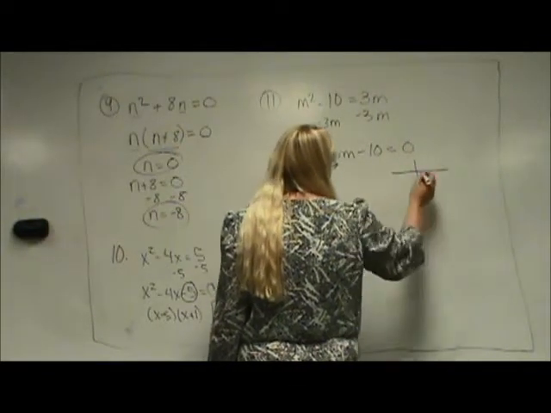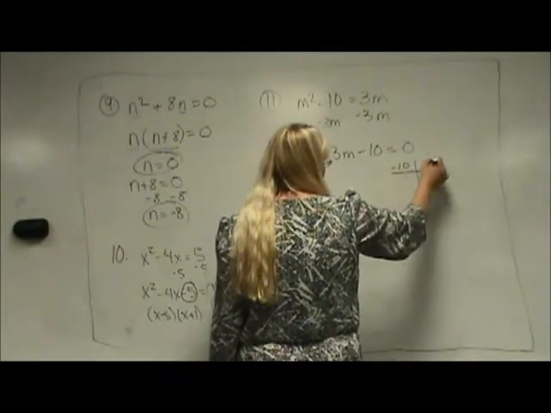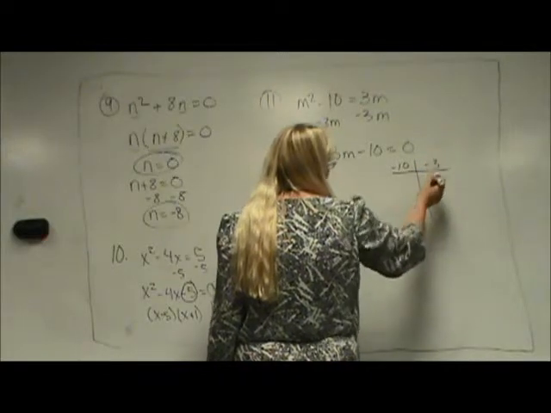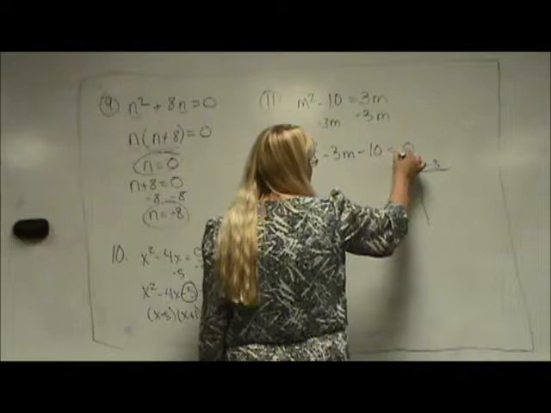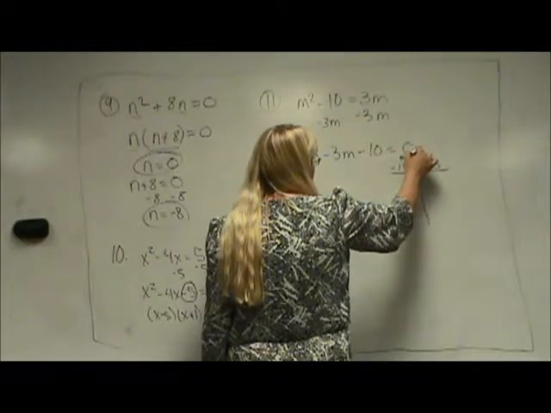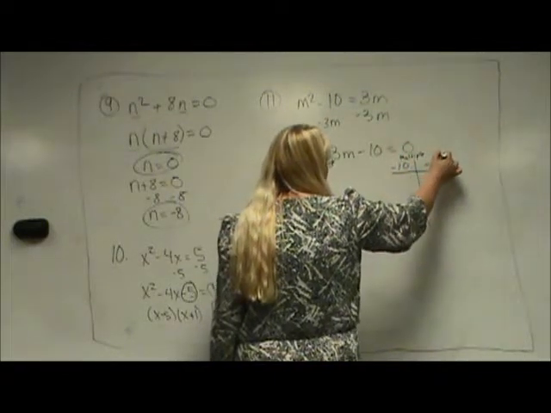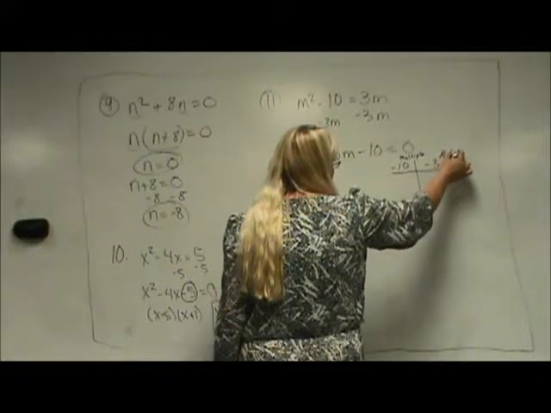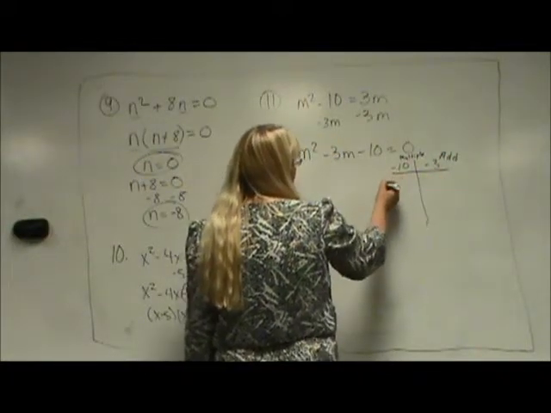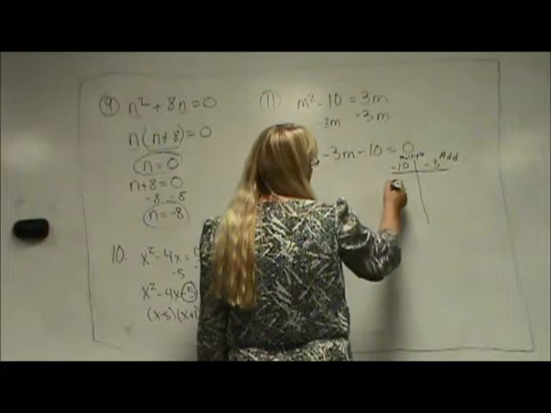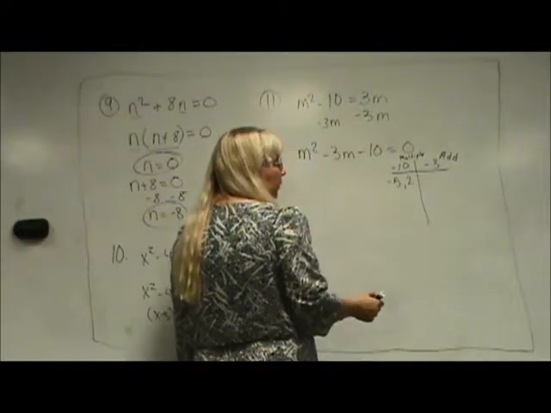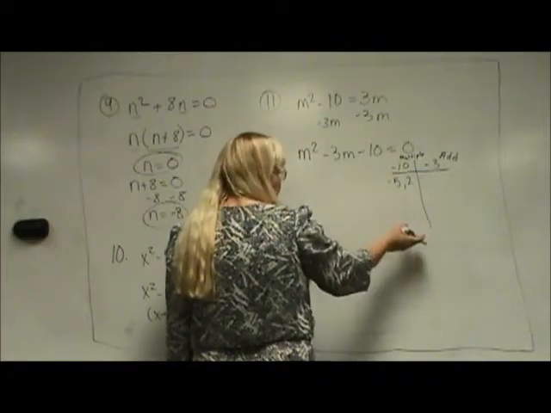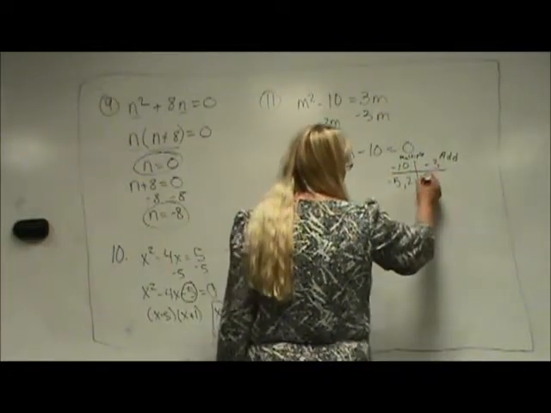We try a t-chart. We want a negative 10 and a negative 3. Remember, I need to multiply to get this, and add the same thing that I multiplied to get this. So, looks like negative 5 and 2 would work. If you don't recognize that, go ahead and just write down any factors you think of.